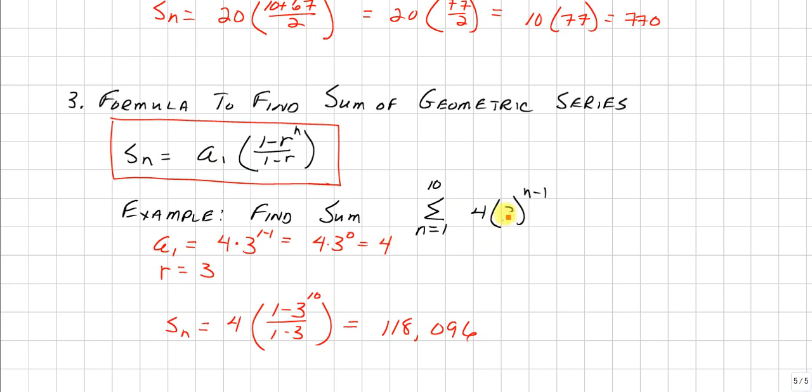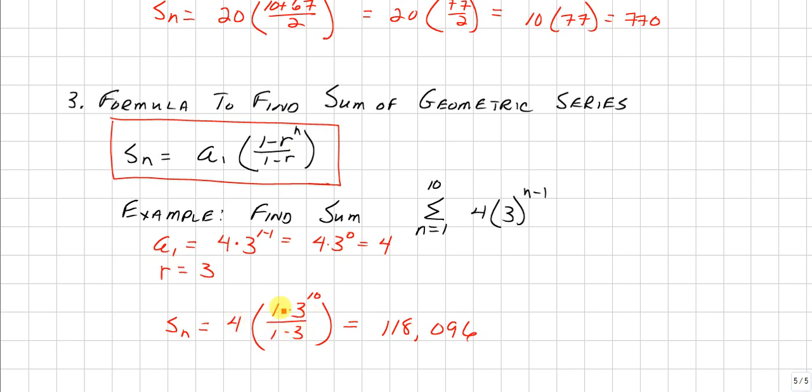My common ratio is this 3, and so let's plug the numbers in. So I've got S sub n, the sum of the geometric series, is equal to 4 times 1 minus the common ratio, 3, to the n. In this case, we want 10 terms, all over 1 minus the common ratio, which is 3.